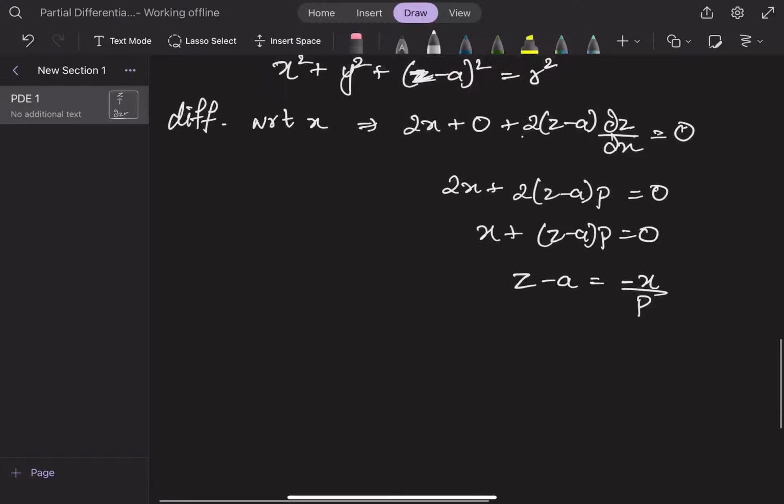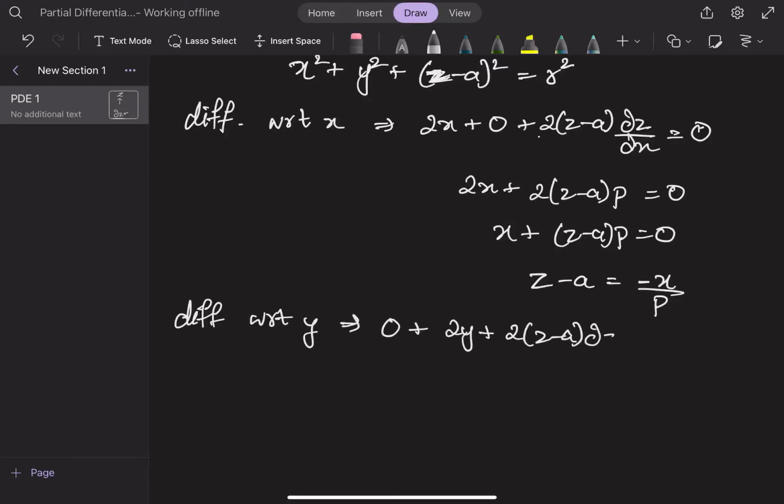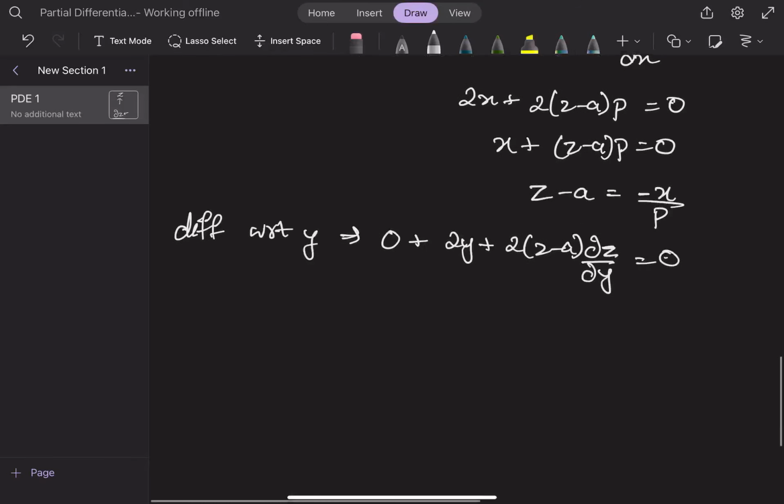Now let's differentiate this same equation with respect to y. So we'll get 0 plus 2y plus 2z minus a del z by del y is equal to 0. So again you're gonna get y plus z minus a times q is equal to 0.